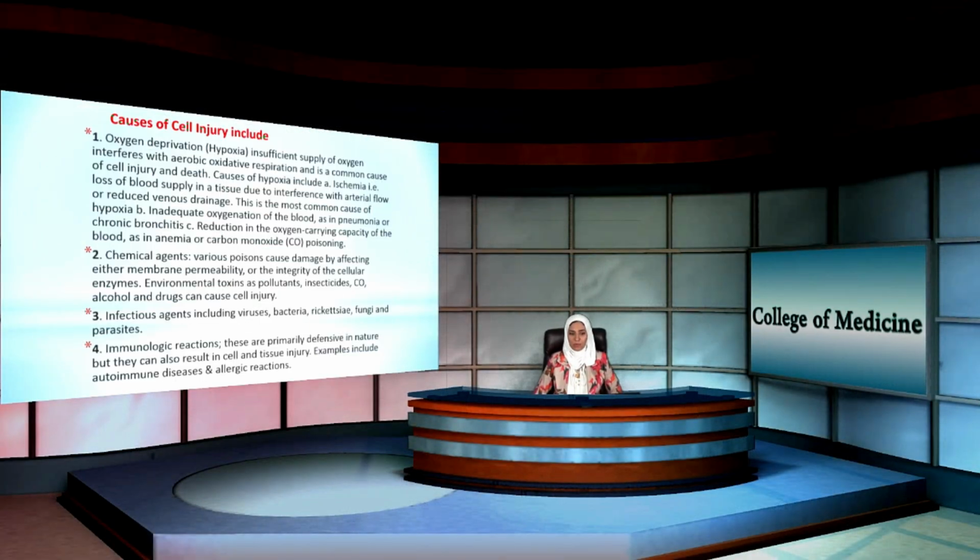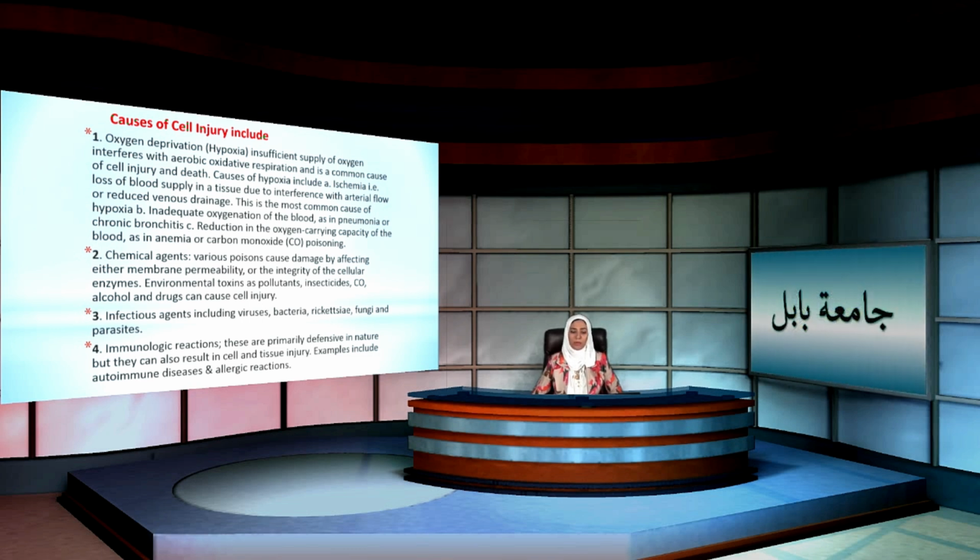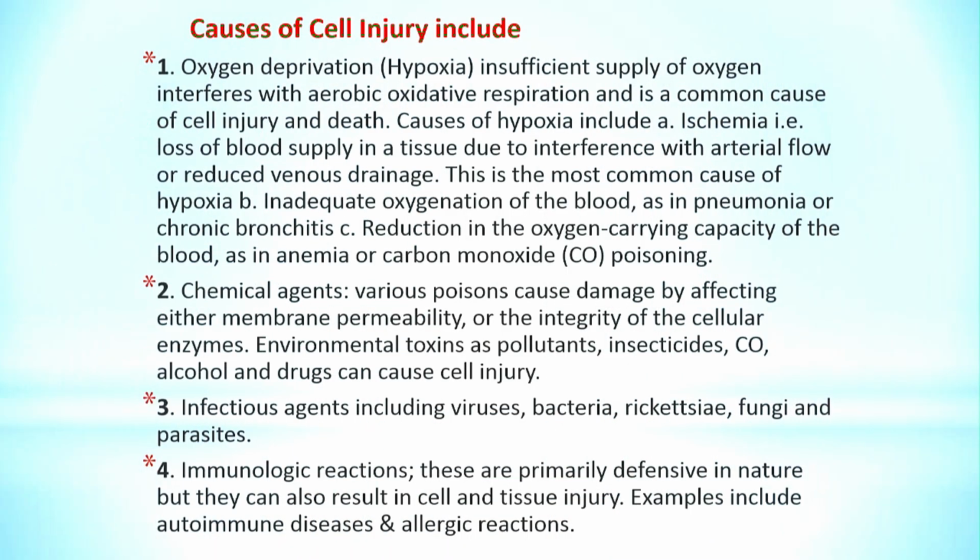We have many causes of cell injury, which we will shortly list. First of all, hypoxia, which is oxygen deprivation. It is one of the most common causes of injury. Second, we have chemical agents, various poisons and environmental toxins. Third, infectious agents, including viruses, bacteria, rickettsia, fungi, and parasites.